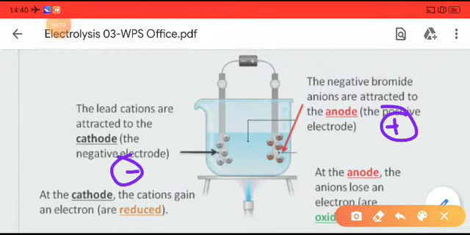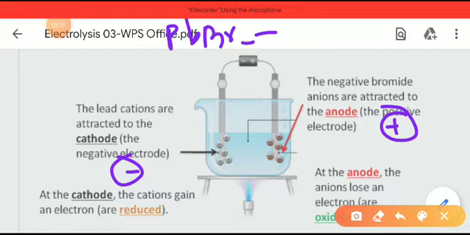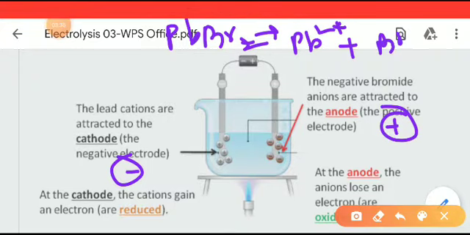According to the electrolyte definition, PbBr2 will be ionized and form Pb2+, a cation, and 2 Br minus, an anion. The anion, the negatively charged particle, will go to the anode, because the anode is positively charged.